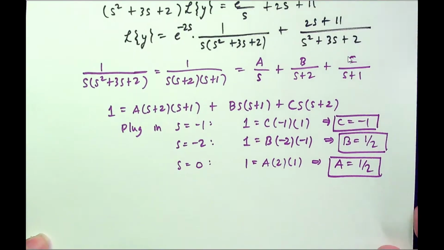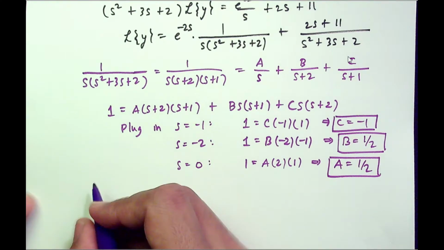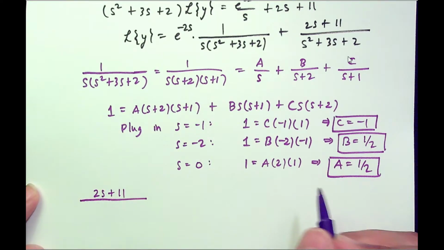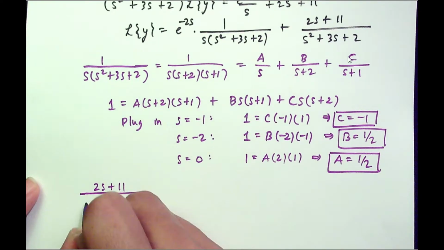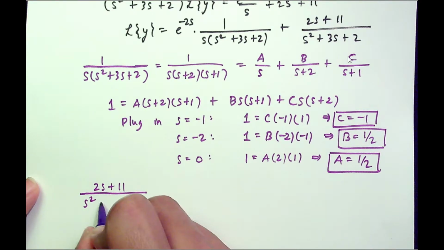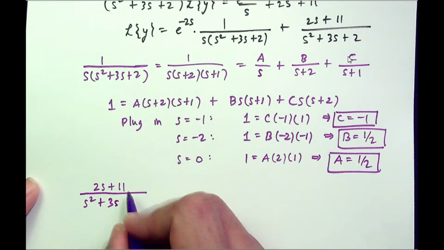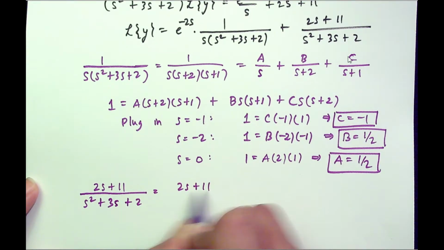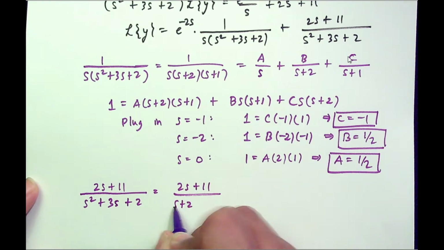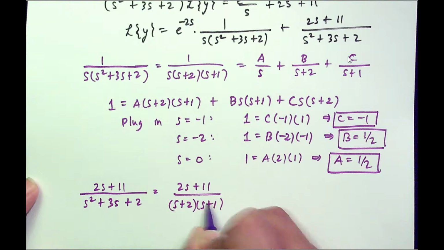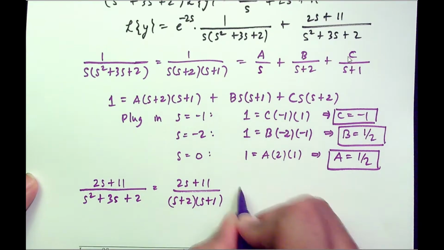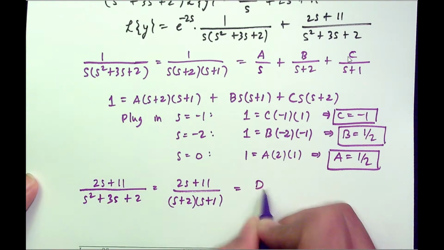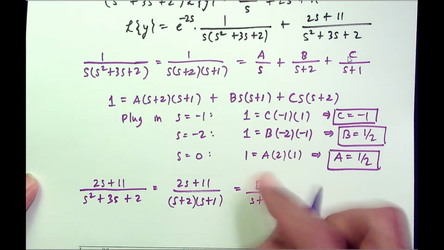Okay, so now let's break up 2s plus 1, or decompose, perhaps is a better word, because this is called partial fractions decomposition. So this is 2s plus 1 over s plus 2, s plus 1. And then, because of the two terms, both linear, the terms on the top of each of these has degree 1 less, which is 0.